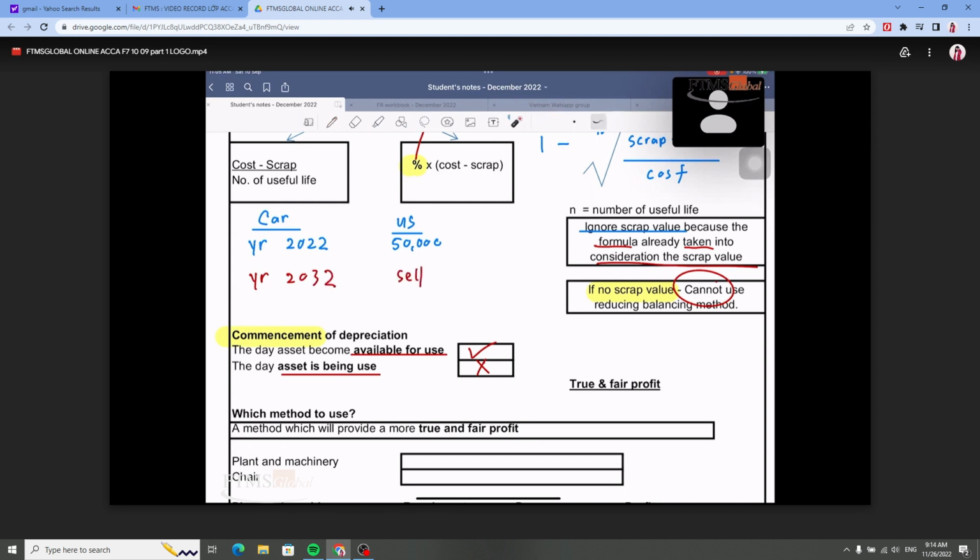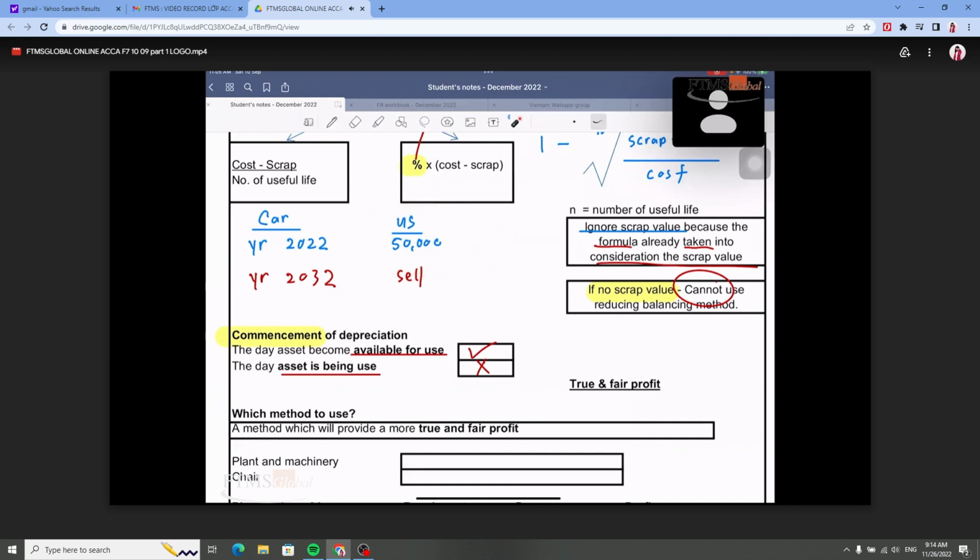Do you think I can tell the buyer, I'm going to sell you the car 10 years later for USD 50,000, the same price, because I have not used the car before? Do you think the buyer will accept?